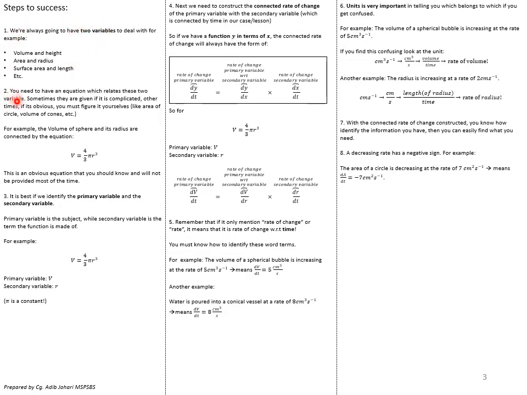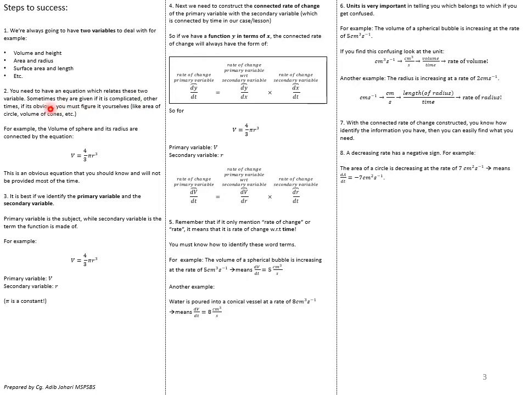The second one, you need to have the equation which relates these two variables. The previous example is area of circle equals pi r squared, which connects area and its radius. If the relationship is complicated, they will give you the equation.